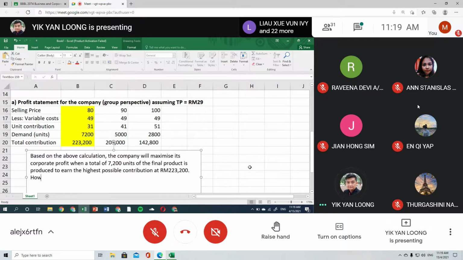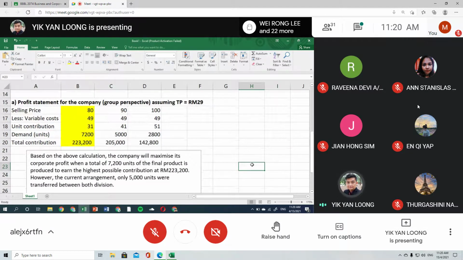Right? However, the current arrangement is only 5,000 between both divisions. Right? You copy first.